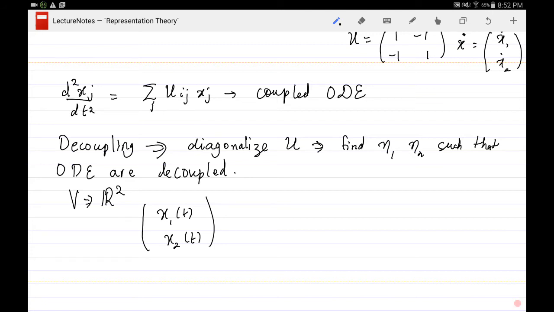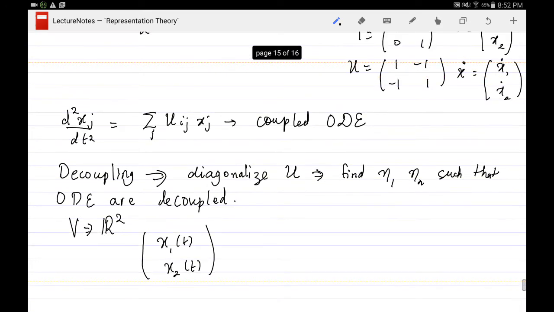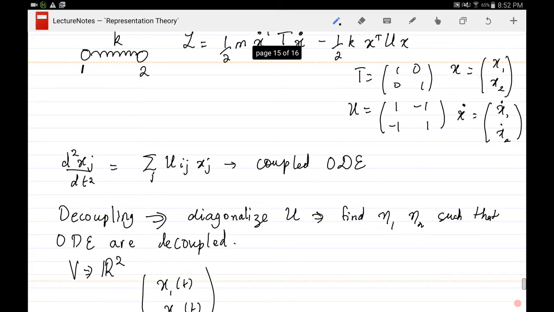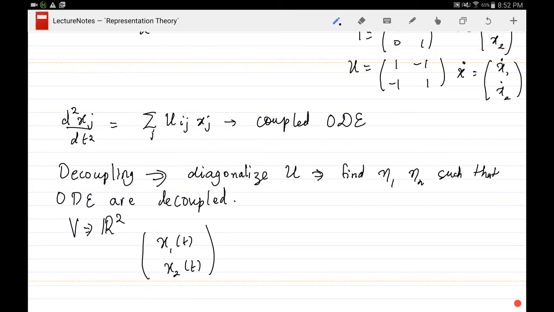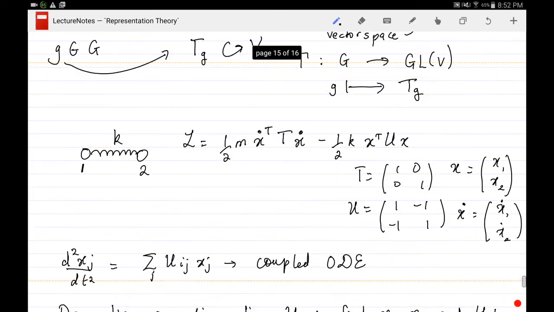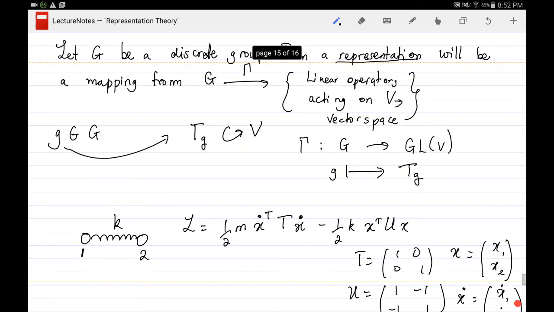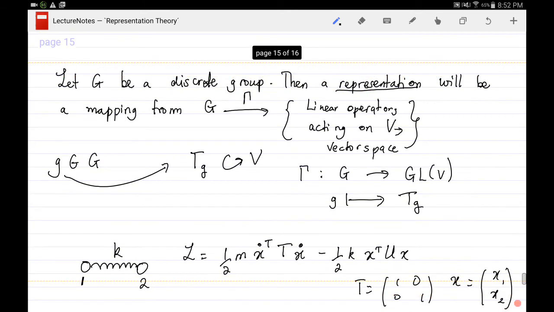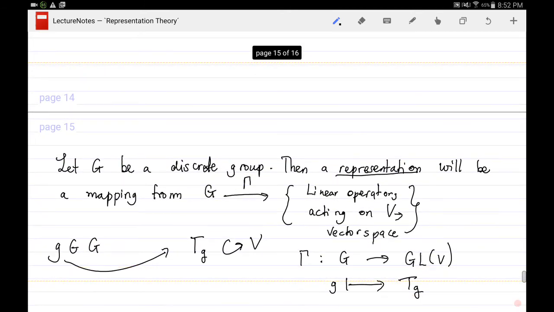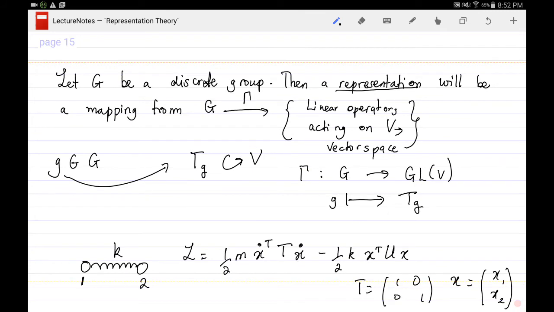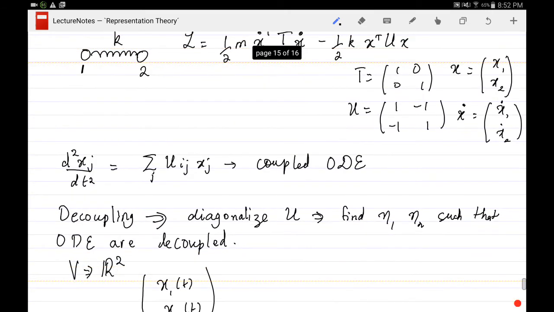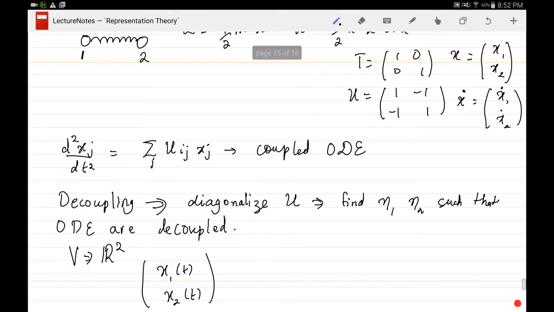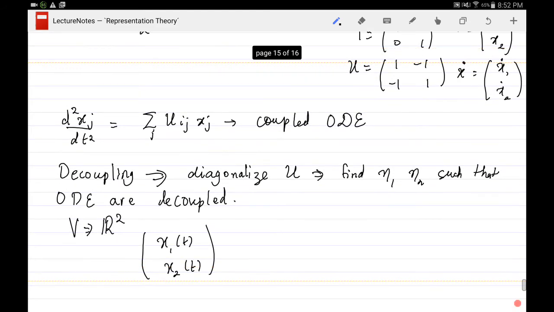Now, there is something else that can be said about this system. So we have identified a vector space, but remember, we want to connect this somehow with the language of a group somewhere. So a representation is a mapping from a group to a vector space. We can see the emergence of a vector space here. Our solutions are in this vector space, so where does the group come in?